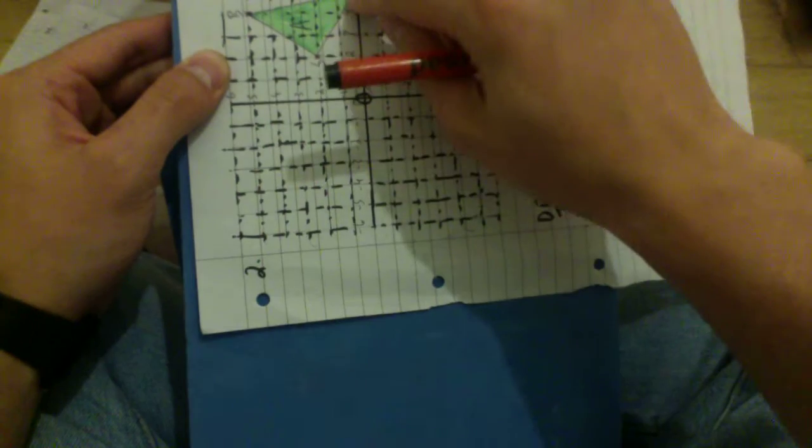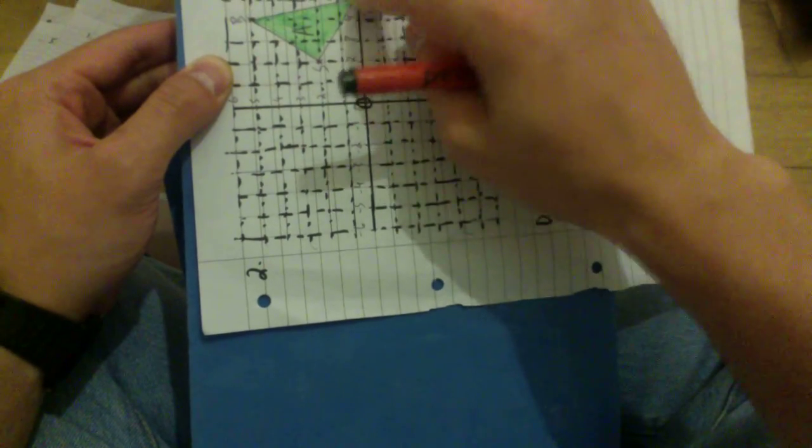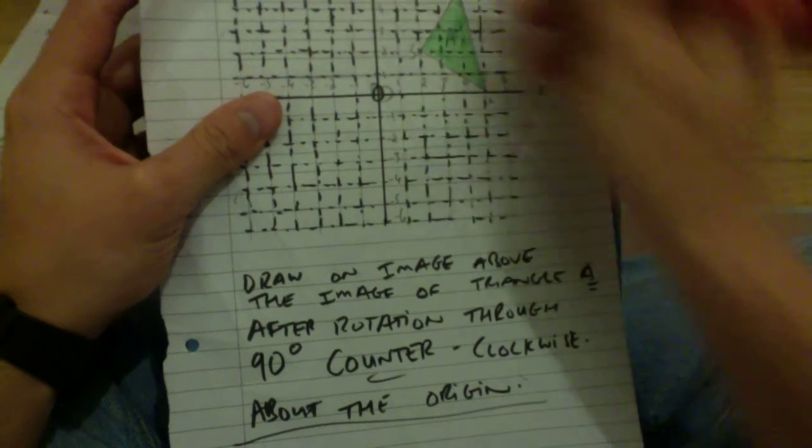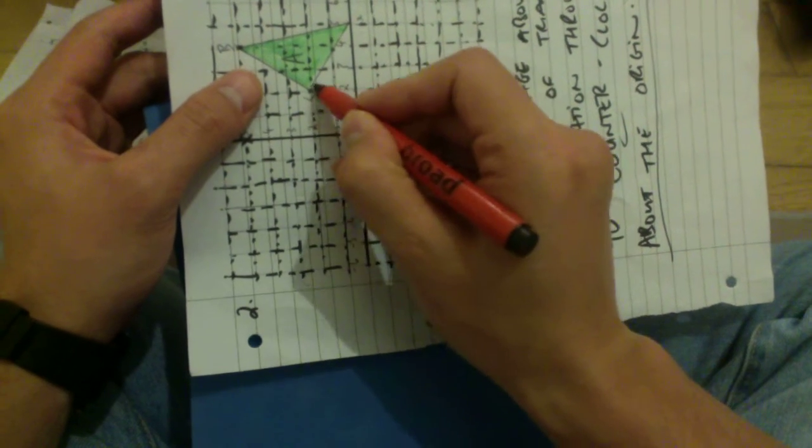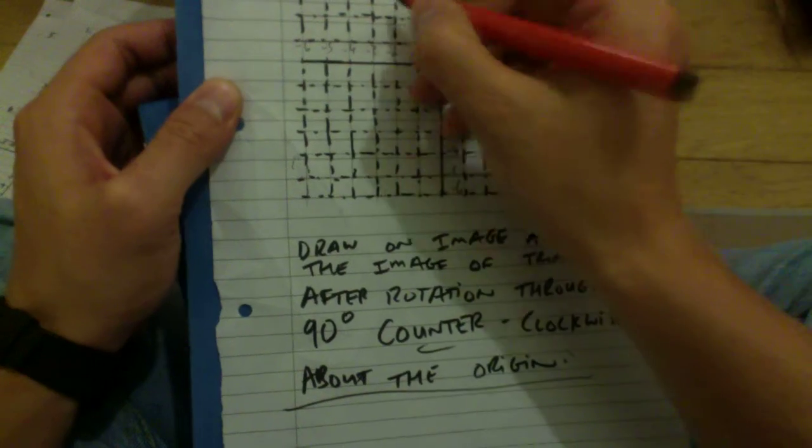Alright, so on the y-axis we know it points at 5 and 0. So one goes there, 5 and 0. This one crosses at 2 and 2.